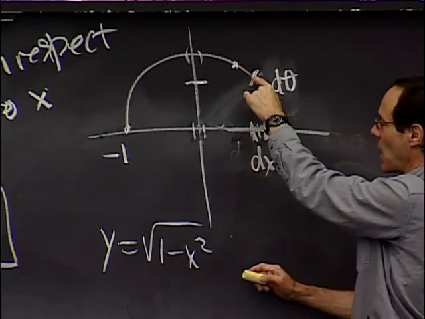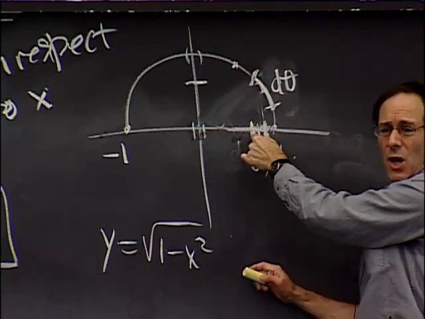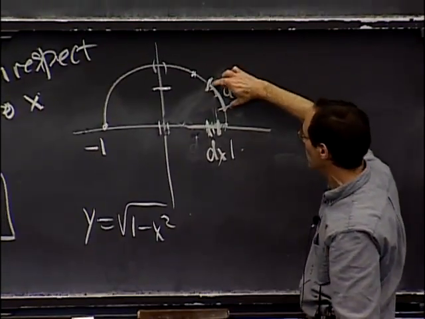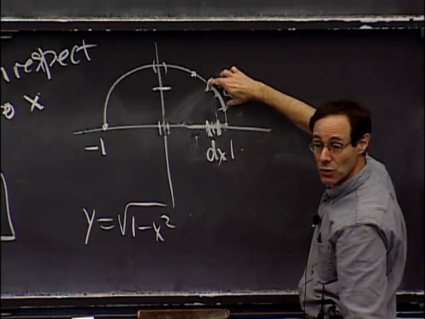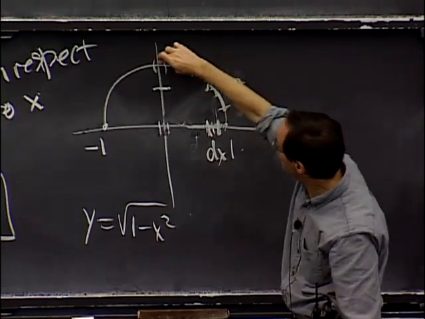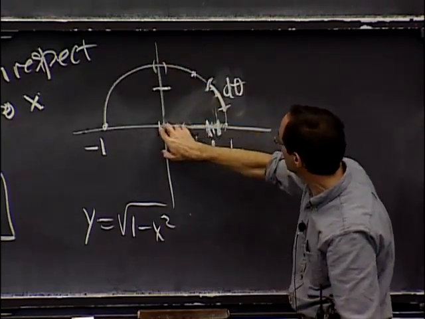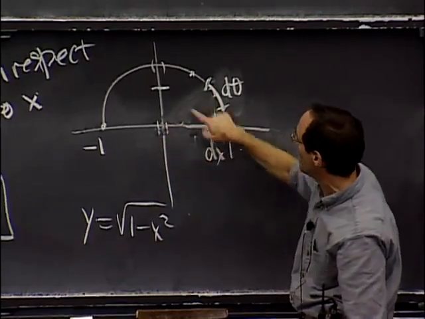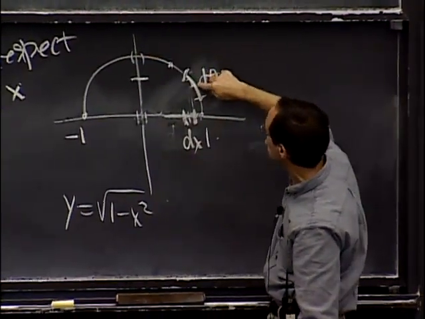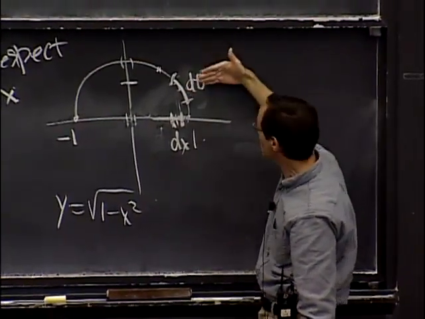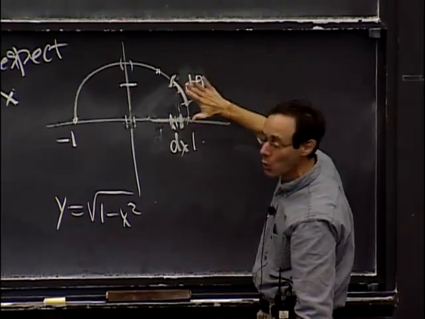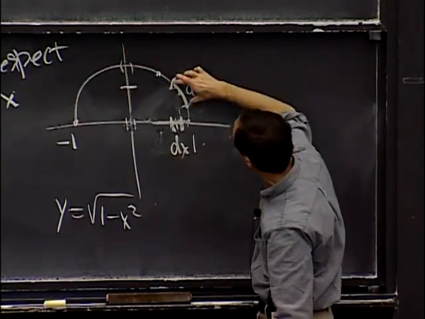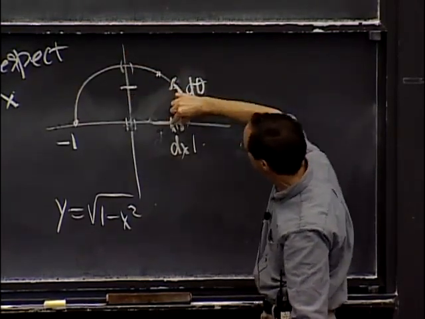The d theta lengths are much longer than the dx lengths, which means that the importance given by the theta variable to these parts of the circle is larger relative to these parts. Whereas if you look at this section versus this section for the dx, they give equal weights to these two equal lengths. But here, with respect to theta, this is relatively short and this is much larger. So as I say, the theta variable is emphasizing the lower parts of the semicircle more. That's because this length is shorter and this length is longer, whereas these two are the same.